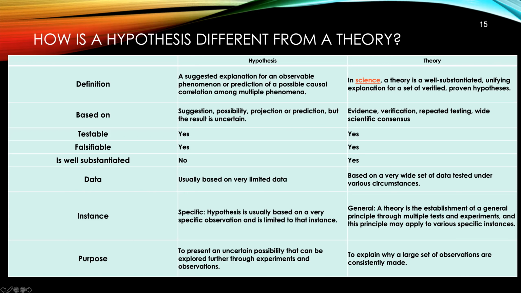The purpose of a theory is to explain a large set of observations that are consistently made by multiple investigators. So you'll want to think about these differences, and you'll use this information certainly in your worksheet, maybe in upcoming tests. Any questions?